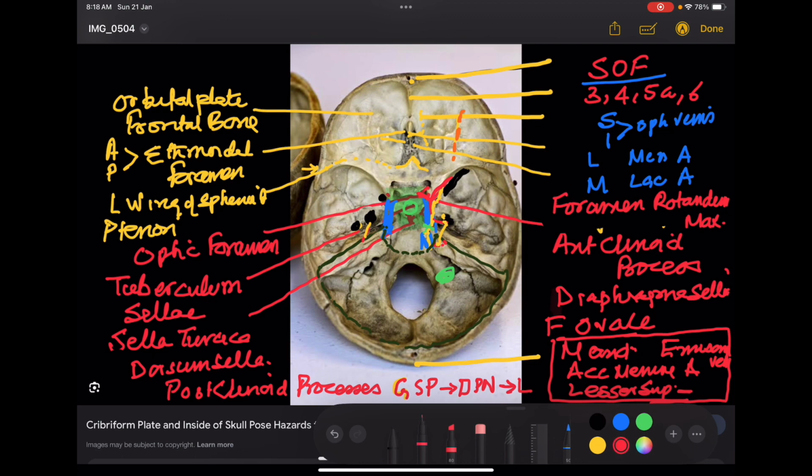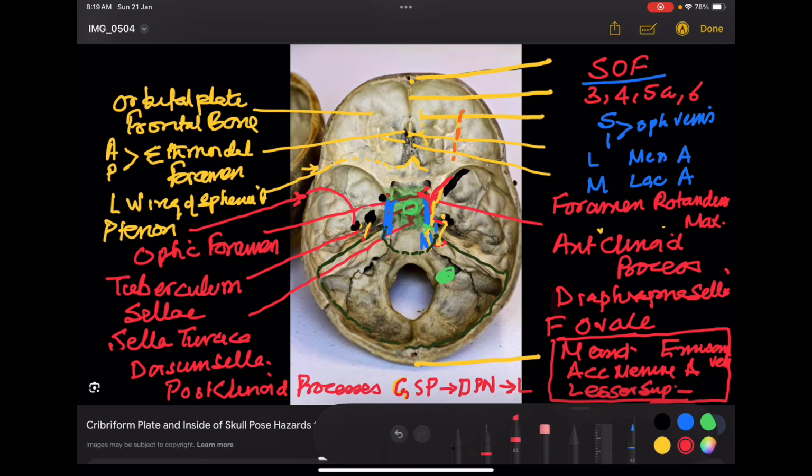From this will enter this beautiful middle meningeal artery which you see here, and it is at the pterion, the junction of the lesser wing of the sphenoid with the calvaria, that this gets ruptured and produces a hematoma, which is extradural, which is outside the dura.